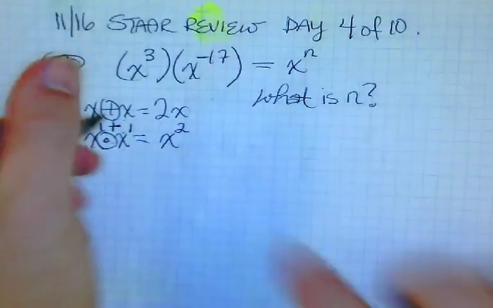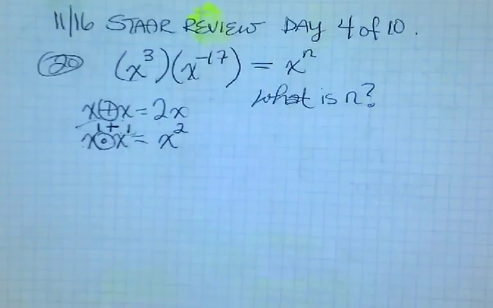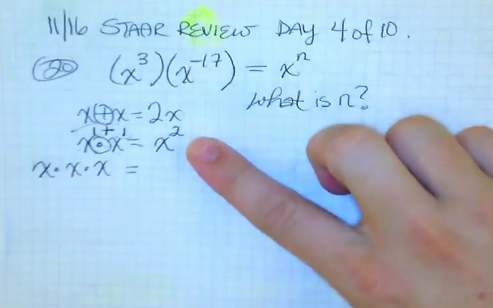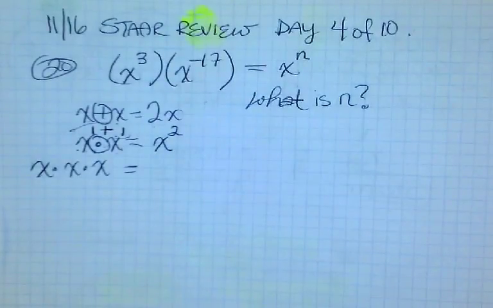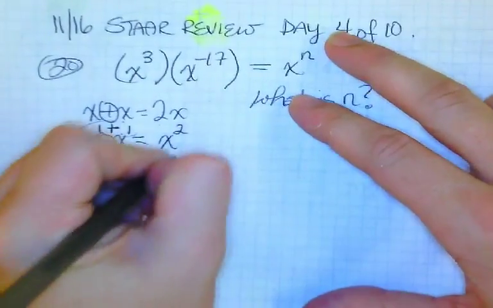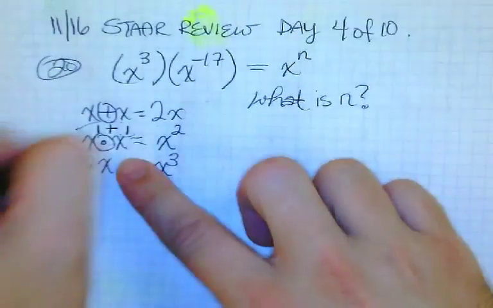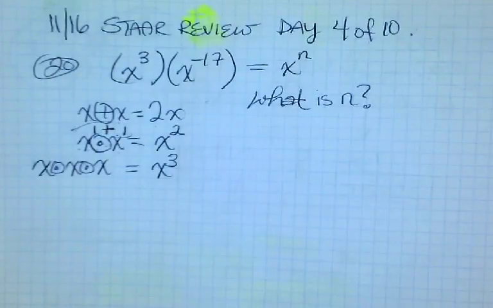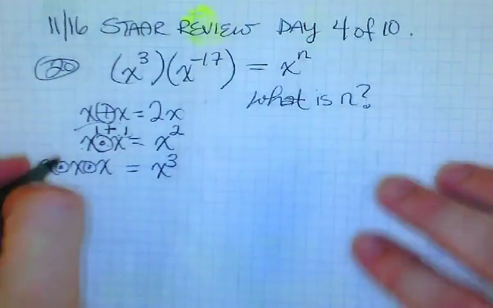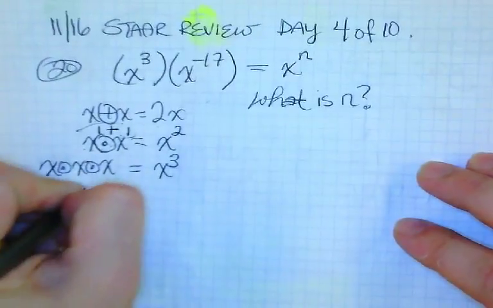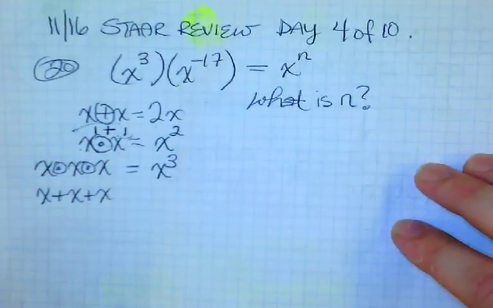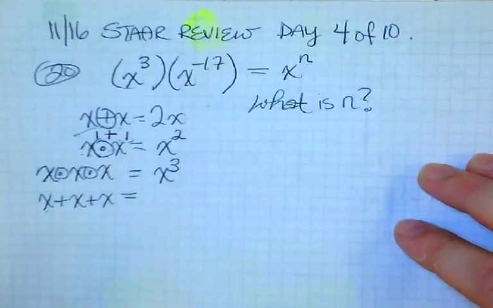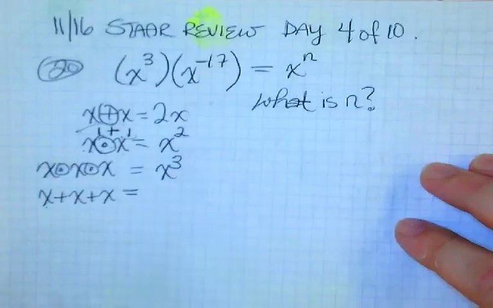So this right here is going to turn into an addition problem. We could have even something like x times x times x. What would that be? X to the power of 3, because these are all multiplication. But what's the difference here, Alan? What is x plus x plus x? 3x.